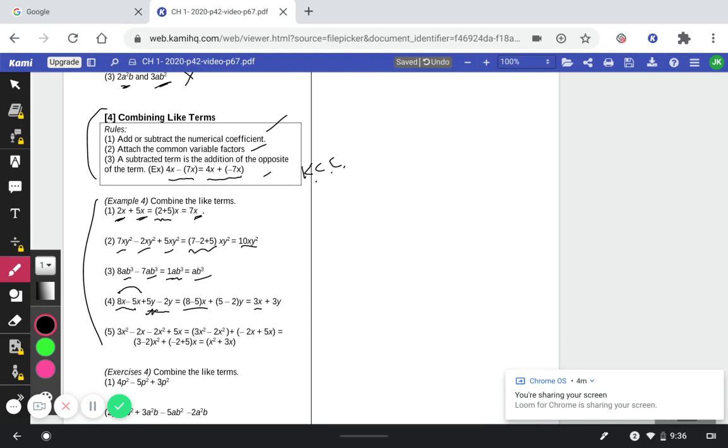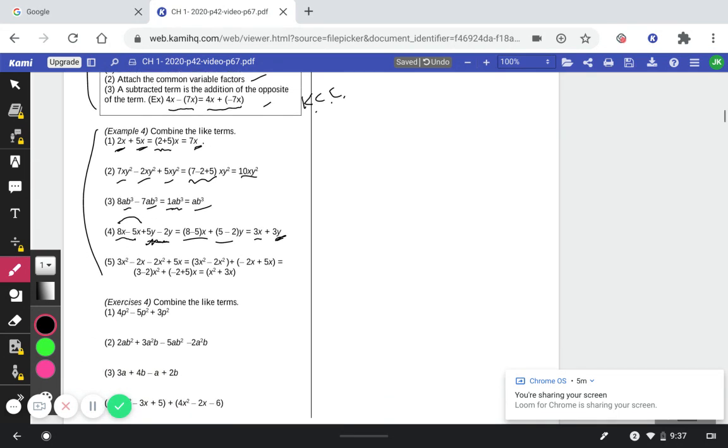Now you can combine another like term of y's, which is 5y minus 2y, which makes 3y. So the final answer becomes 3x plus 3y. Wait a minute. Can you combine 3x plus 3y? No, you cannot, because they are not like terms. So the answer has to stay as 3x plus 3y.